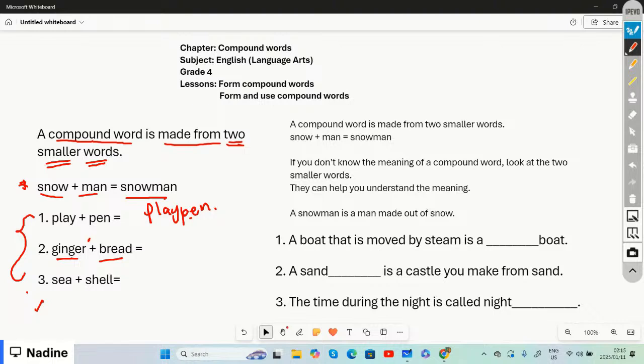One word. Right? And we have a compound word. Sea plus shell. If we use that as one word.